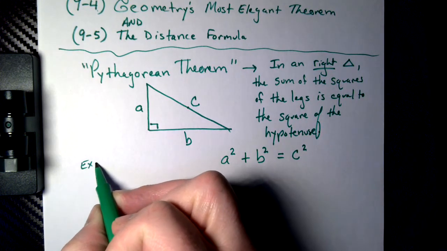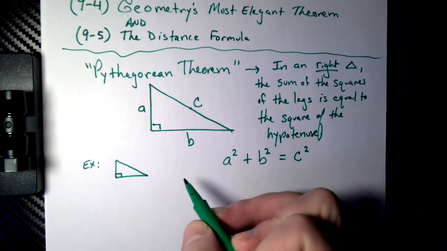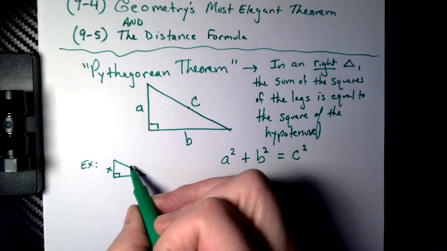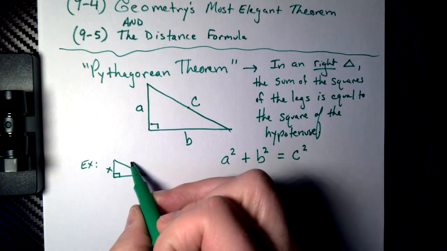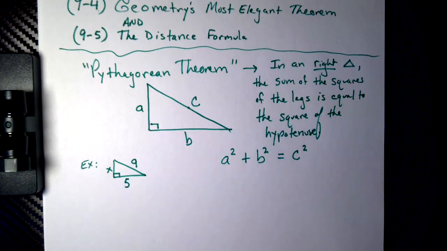Quick example of that. If I had a triangle that looked like this, and I called this x as missing, and I'm just going to pick random numbers, this number is 9, this number is 5.